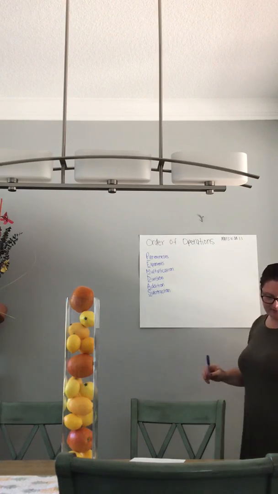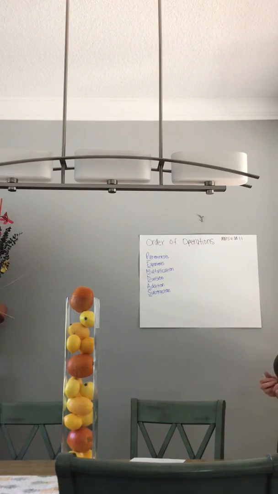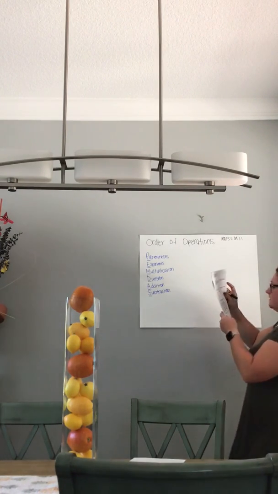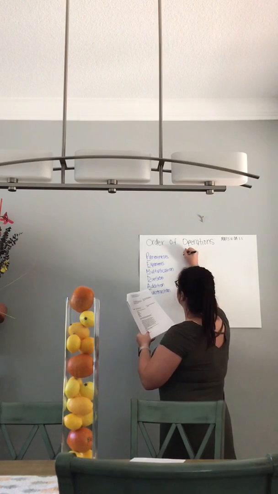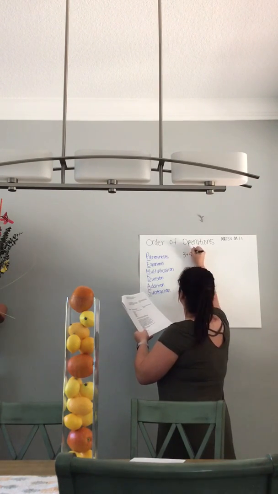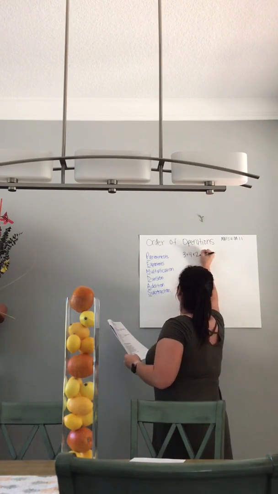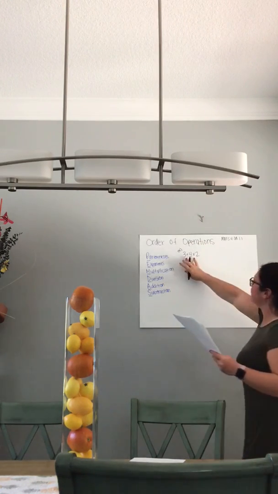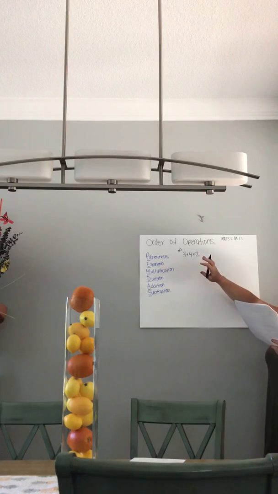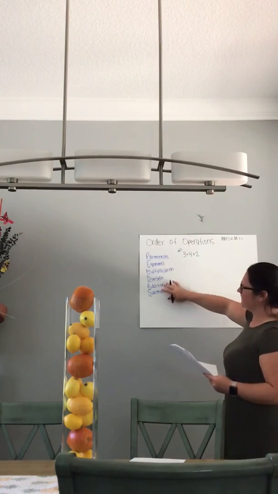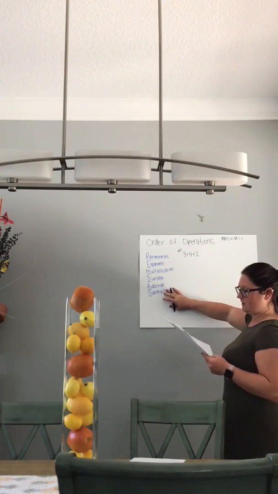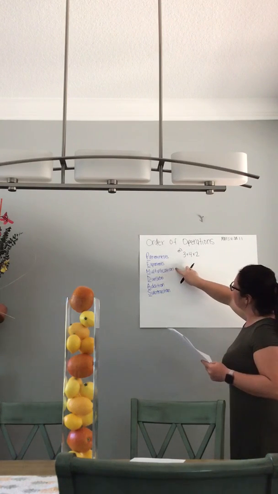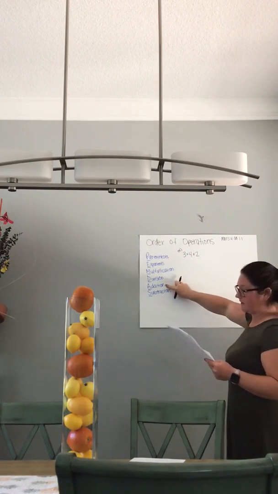We're going to look at an example, and I want you to write it in your journal, just follow along. So our example is 3 plus 4 times 2. According to PEMDAS, I'm going to look and see that multiplication comes before addition.